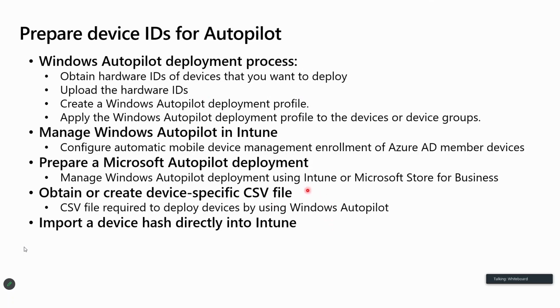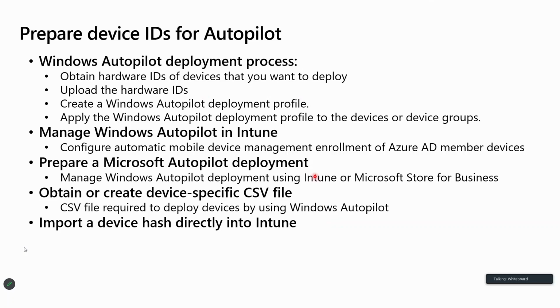So what is my device ID? Well, basically it's information about that device stored in a comma separated value file. Now, in our student book, I don't think it's on this slide. In our student book there's a section that talks about generating your own CSV file.